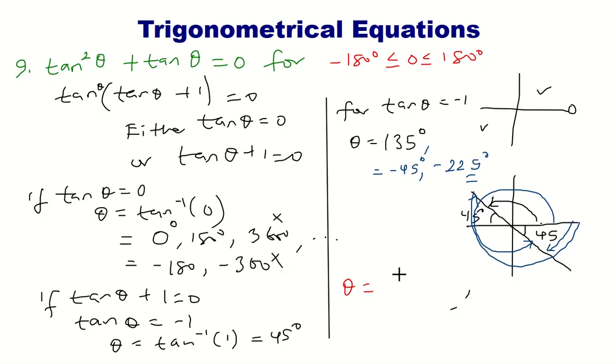The smallest value was negative 180 from here, followed by negative 45, followed by 0, followed by 135 from here, and then finally 180 from here. These are the values of theta that satisfy this equation.